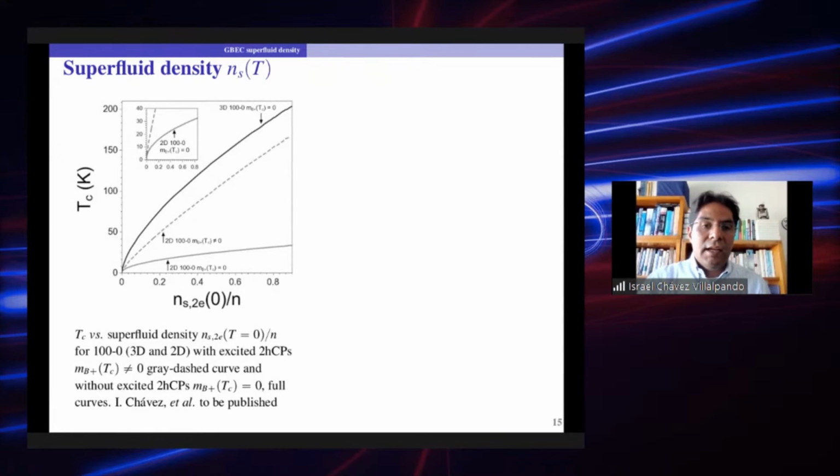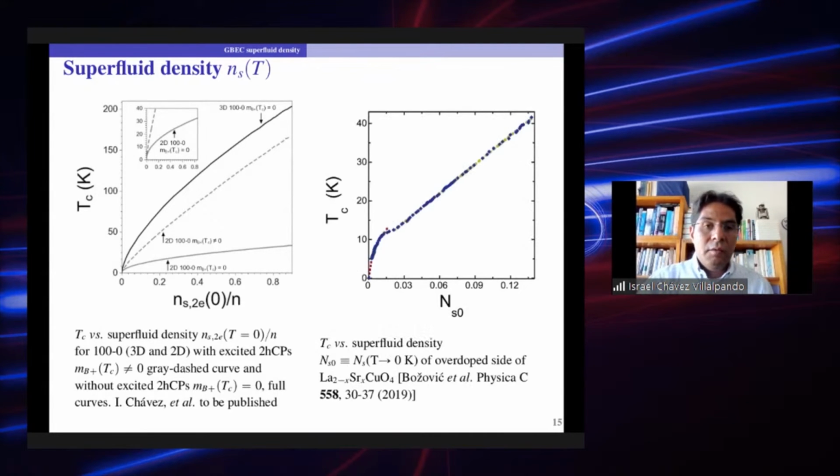So this is our first theoretical result on the superfluid density of two electron Cooper pairs only, in the 2-dimensional and 3-dimensional cases. In the 3-dimensional case, we are using a quadratic energy dispersion relation, while in 2 dimensions, we use a linear dispersion relation. So you can see that in 2D, the critical temperature is lower with respect to the 3-dimensional system.